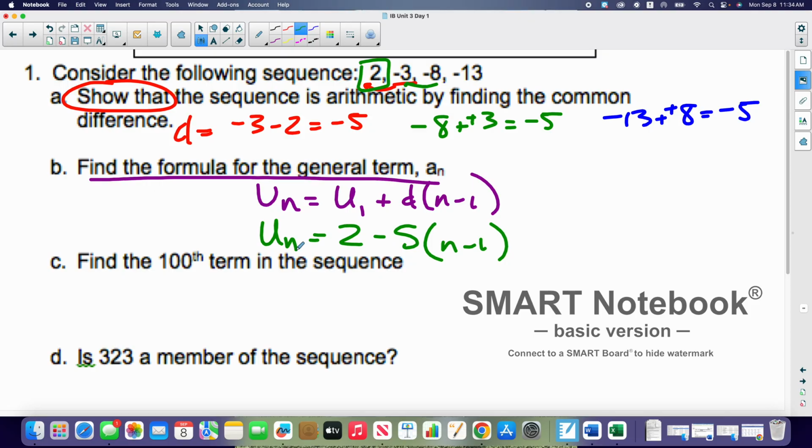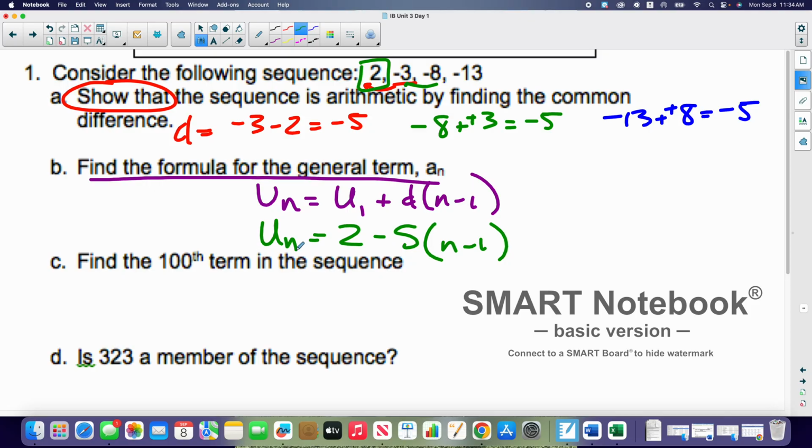I put the first term in, I put my common difference in, and now that right there is referred to as the general term. Now here's why. If you know where to start and you know how to move, could you get any number in this sequence? You can, right? You tell me where you want to be. I want to be at the 100th term. Well, I can go find it. Okay? You tell me that term, this certain term is part of this.